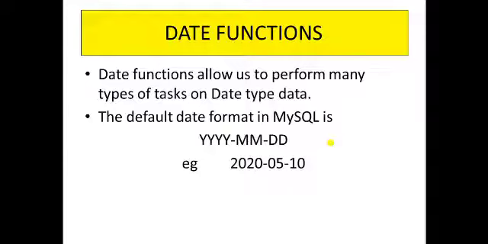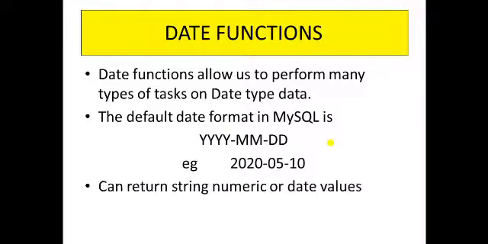So what do date functions return? A date function can return a string value, a numeric value, or a date value. A string value, in the case where I want to know the day on which I was born, say Wednesday. I will input my date of birth as a parameter and get the name of the day by using the function.